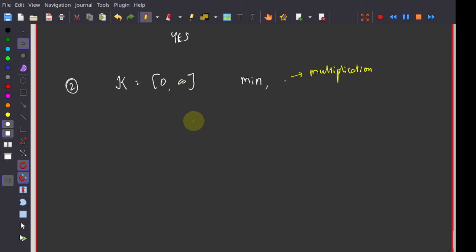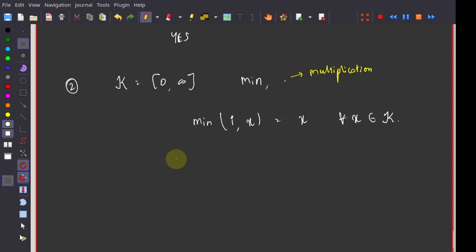We want some element, let's call it I, such that min of I comma x equals x. Infinity, right? So min of infinity comma x is always equal to x.